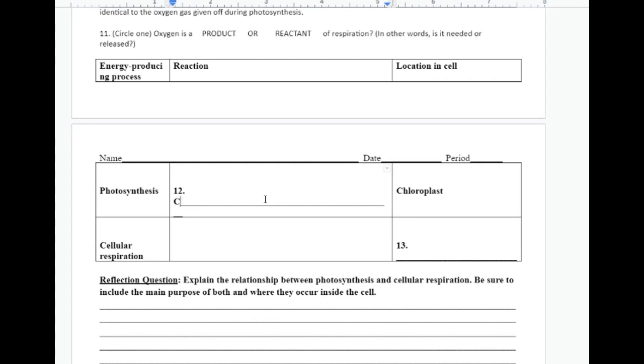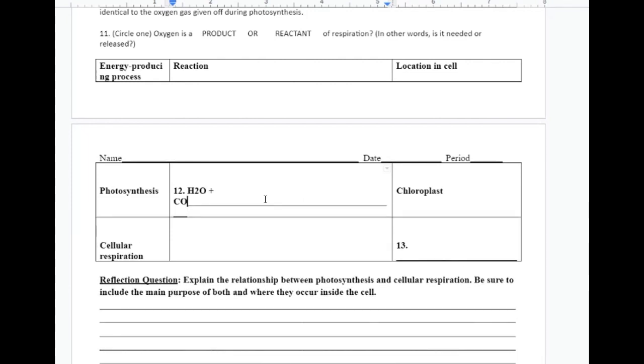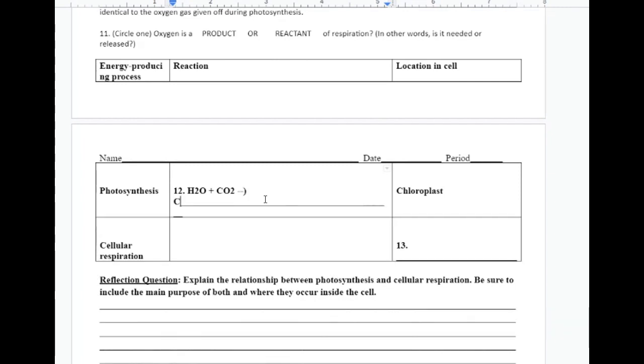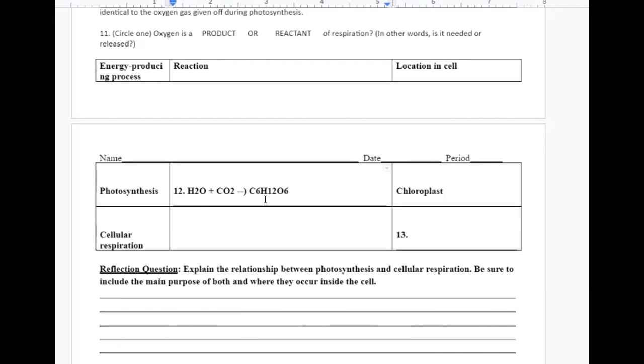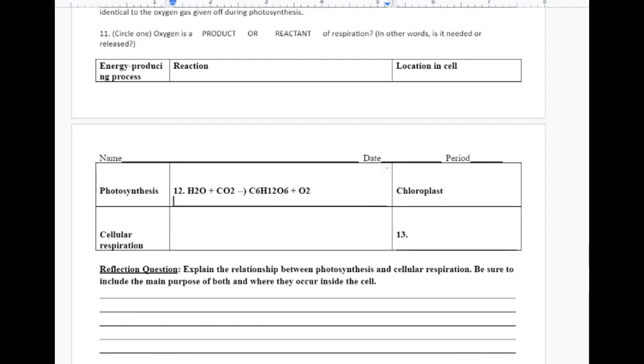So we have H2O plus CO2, then an arrow, and that's going to give me C6H12O6 plus O2. This is what's happening in it.